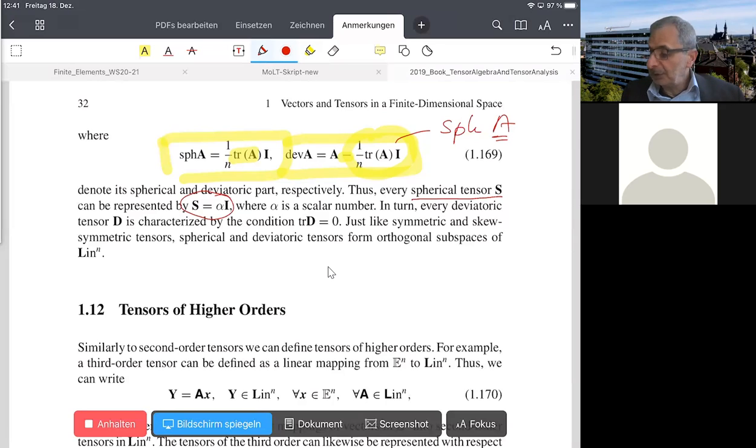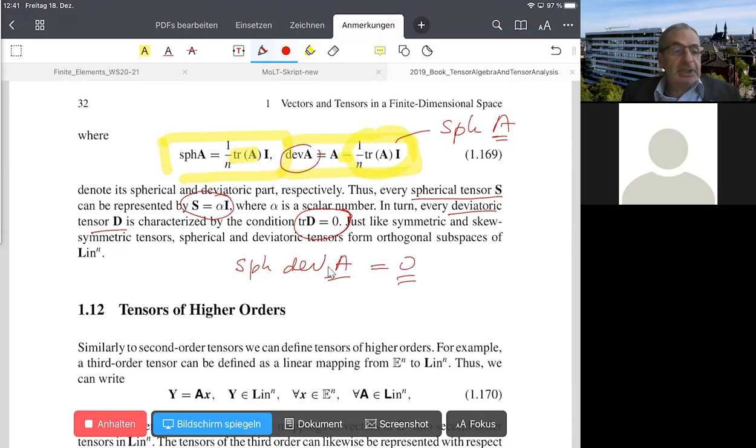And again, we have this property. If you take the spherical part of the deviatoric part or vice versa, it is the zero tensor, and you have to prove it at home. And for example, if you consider the deviatoric tensor here, which is obtained in this way, then it is traceless. The trace of this tensor is equal to zero.